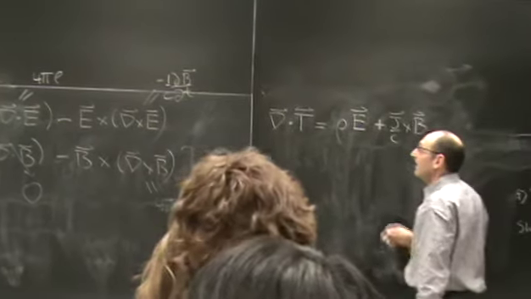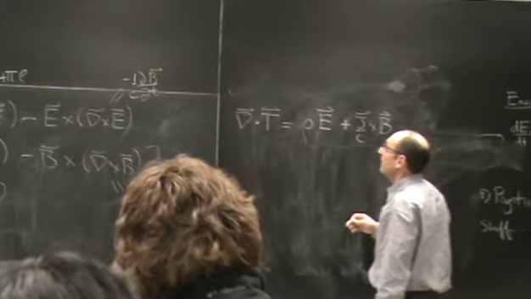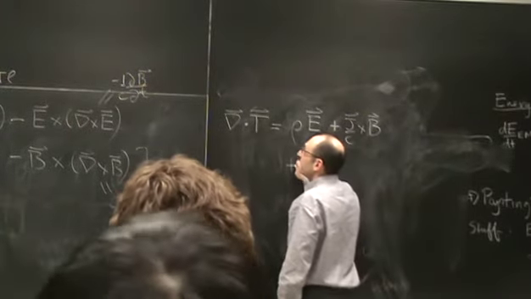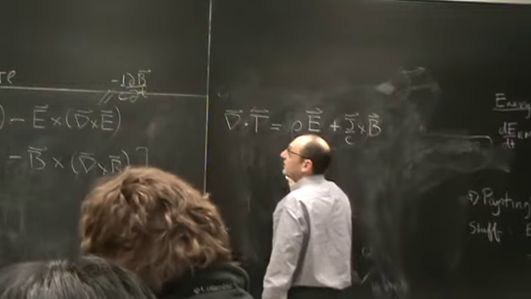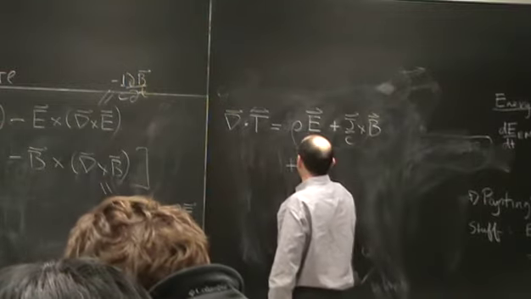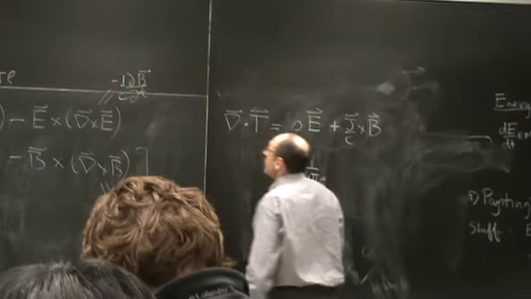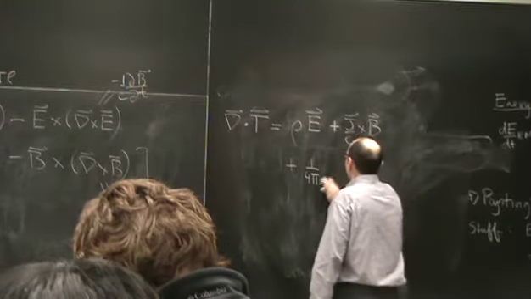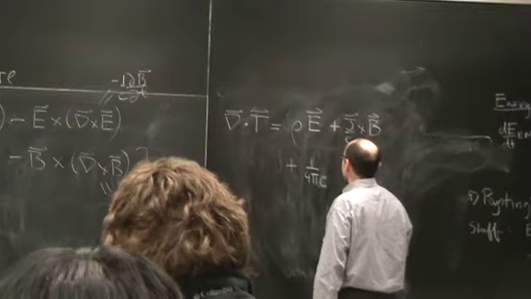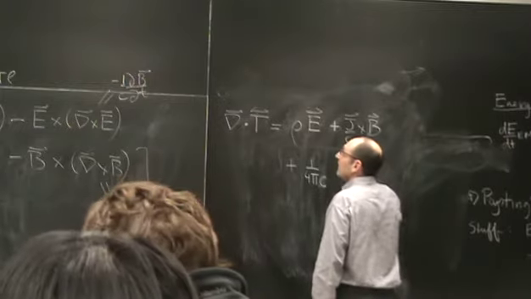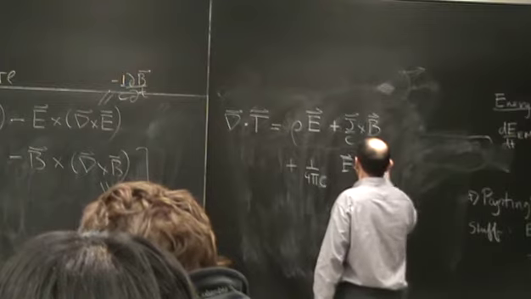Then we got other terms here. We have plus 1 over 4 pi c. That's not an epsilon, it's a c. E crossed into dv dt.